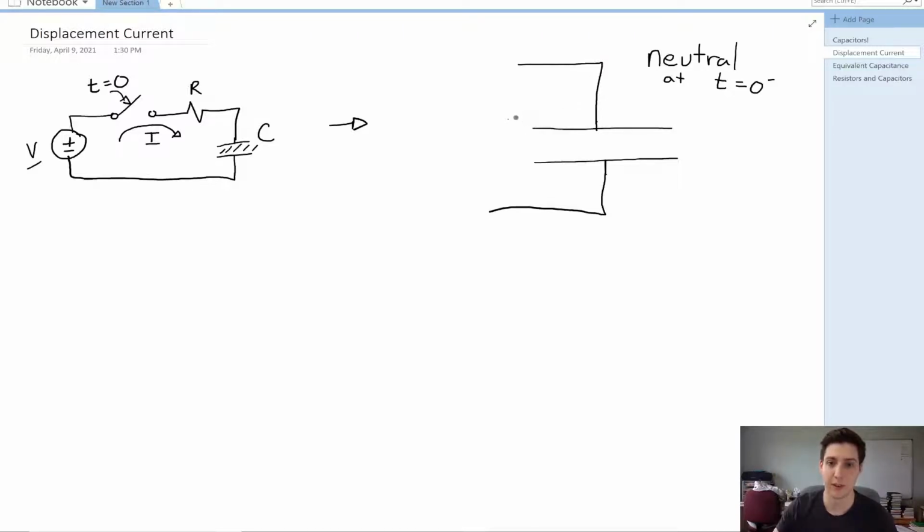So if we look at a black box around the capacitor, and we can't see what's going on on the inside, it would appear that we would have current going through the capacitor. But in all reality, we do not. We don't have any charge moving through the actual insulator. So we call this current the displacement current.